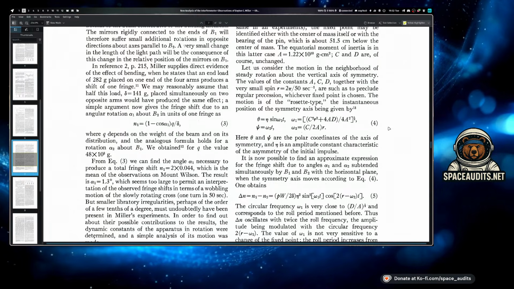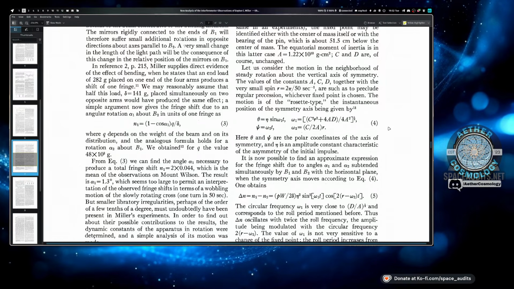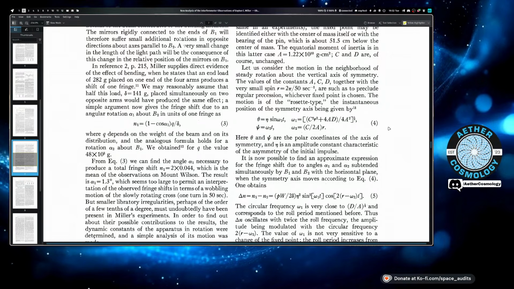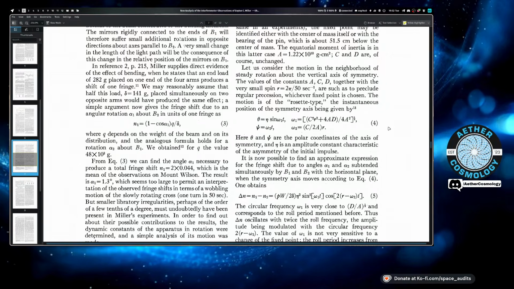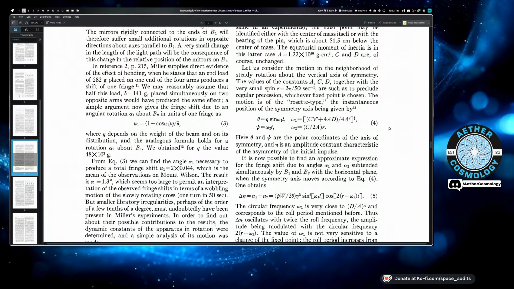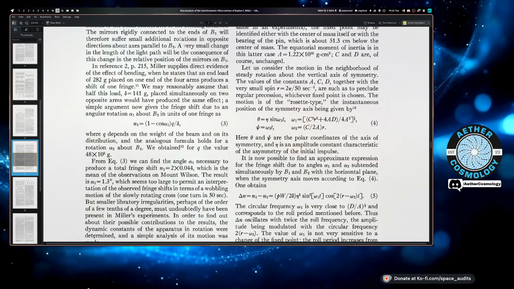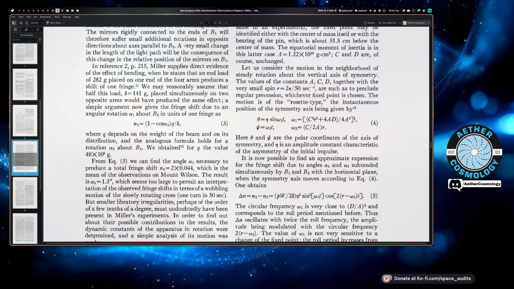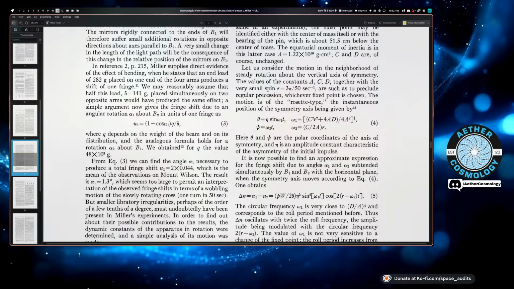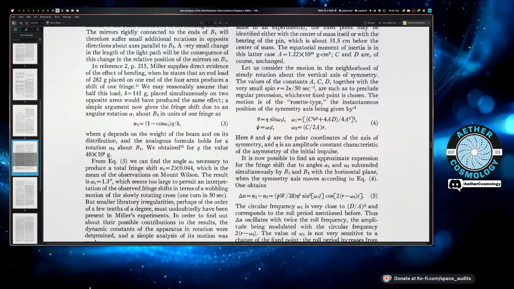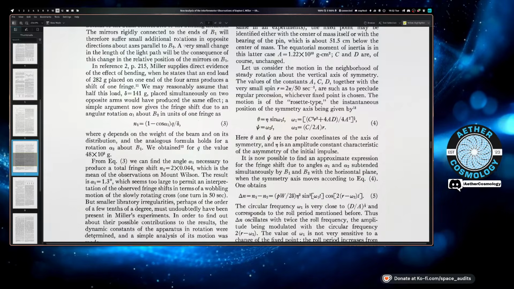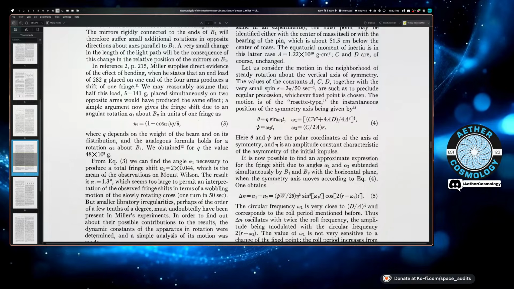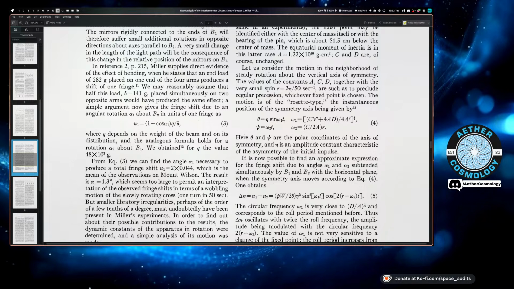It is now possible to find an approximate expression for the fringe shift due to the angles alpha 1 and alpha 2 subtended simultaneously by the limbs B1 and B2 with the horizontal plane. When the symmetry axis moves according to equation 4, one obtains this one in equation 5 about delta n, or delta, he's changing from n to eta partway through the equation.